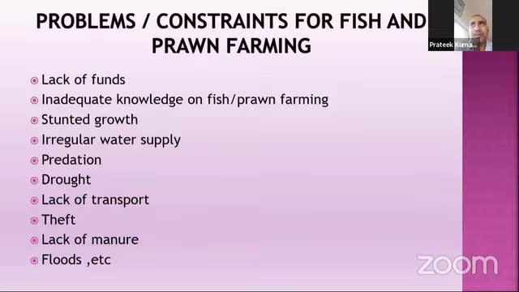Also lack of transport, because transportation is needed after growing the fish to reach the market there. Theft, which also includes factors like lack of manure, floods, etc. So these are constant problems for fish and prawn farming.